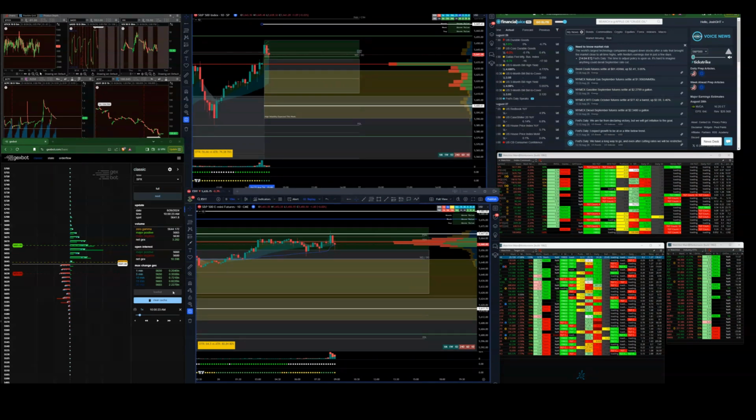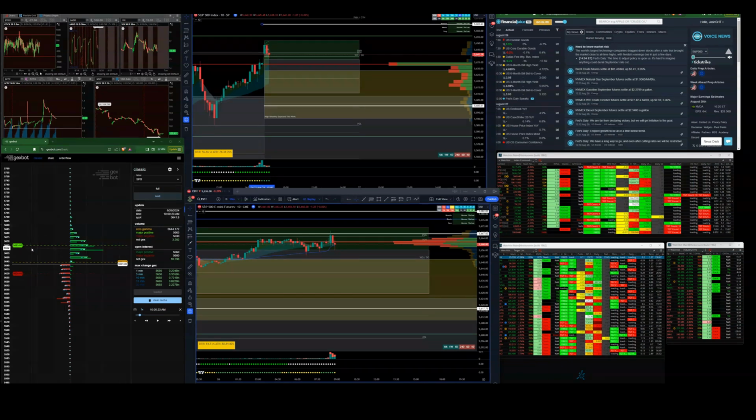If you look on the left-hand side, you'll see the Gamma Exposure Bot. We're at 10 a.m. Eastern Time, and you see the spot price here in the white level. What I generally look at are a few things: the major positive gamma exposure level, the major negative gamma exposure level, and the net gamma exposure level along with the flows.